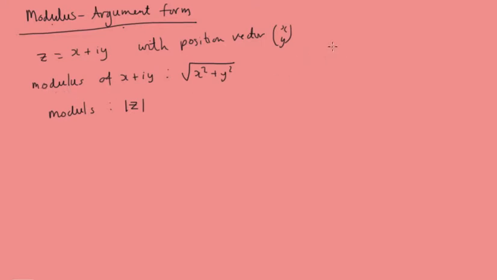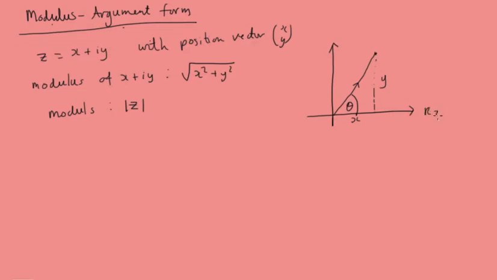So let's use our Argand diagram just to plot what this would look like. So we've got our point here, and here's our position vector, and this here is our value of x along here, and this is our value of y. And then we're going to have some angle theta.